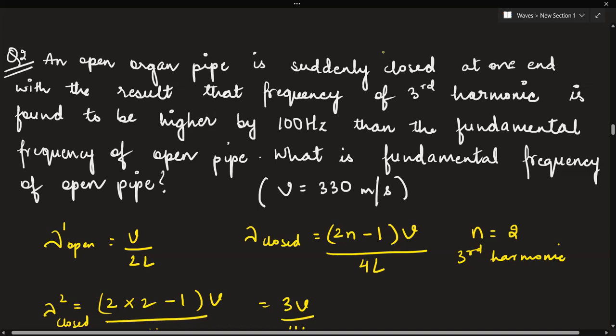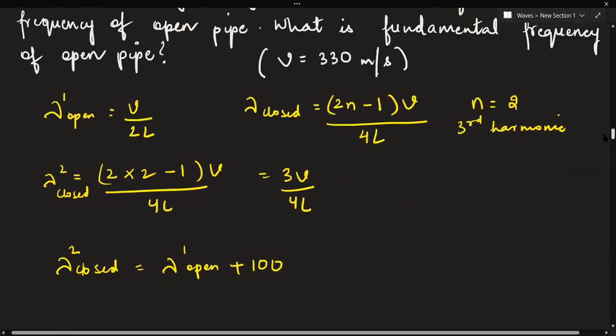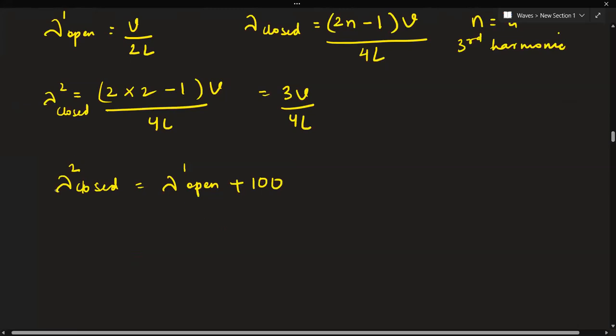Yes, so that's what I've written over here. The frequency of this closed organ pipe is found to be 100 hertz higher than the open organ pipe. So if we combine, this will give us the closed one. Now see, we don't have any direct relation for these, but we have these relations.